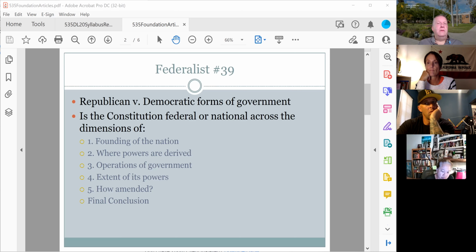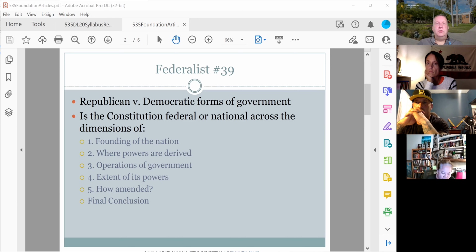And even though the House and the Senate are populated by representatives from the states, those are national legislative bodies. And so on the proposal side, there's a national component. On the ratification side, there's a very heavy federal component. So it kind of weighs a little bit more federal, but there are elements of both national and federal. So how we amend the Constitution is kind of a conglomeration of both.